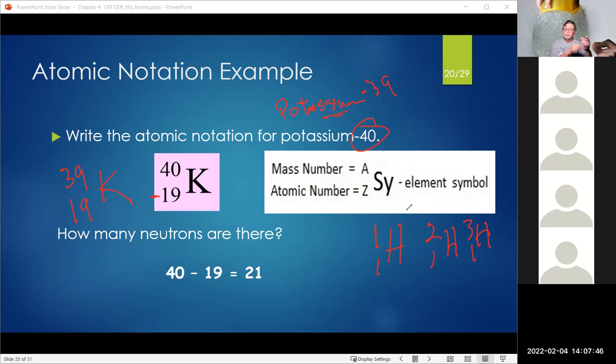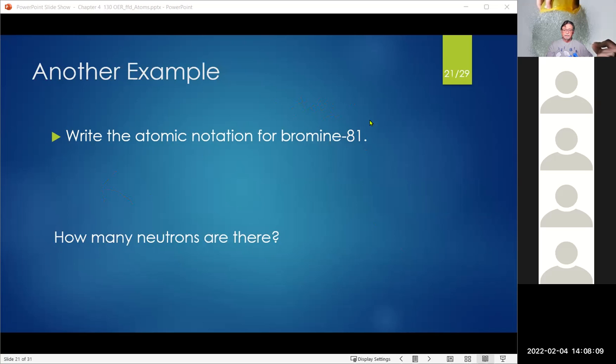Hydrogen 2 has 1 neutron, hydrogen 3 has 2 neutrons. And this hydrogen 2 is utilized to make heavy water, D2O, okay? So that's what isotopes do. The neutrons define the isotopes that each element may have, okay?